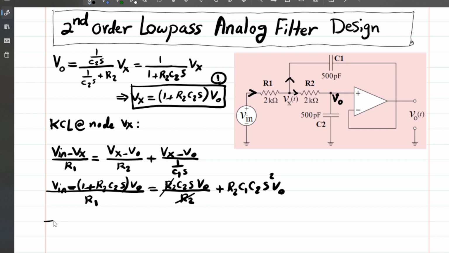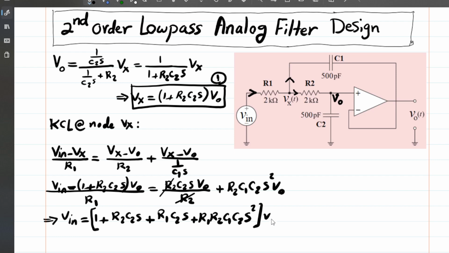So Vin is equal to (1 plus R2C2s), that's when I move this term to the right side, plus R1C2s, plus R1R2C1C2s squared, times Vout.